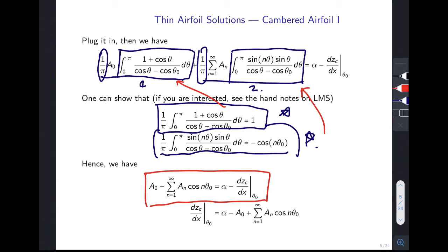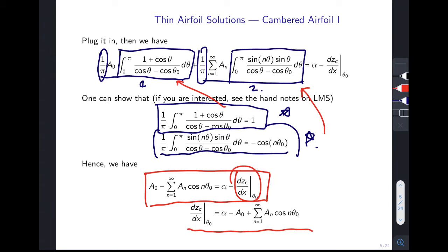This is beautiful. Let me first move the geometry information to the left and move everything else on the left-hand side to the right. So basically you end up with this equation. The left-hand side should be a function of theta naught, because it is evaluated at theta naught, and theta naught varies from 0 to pi.